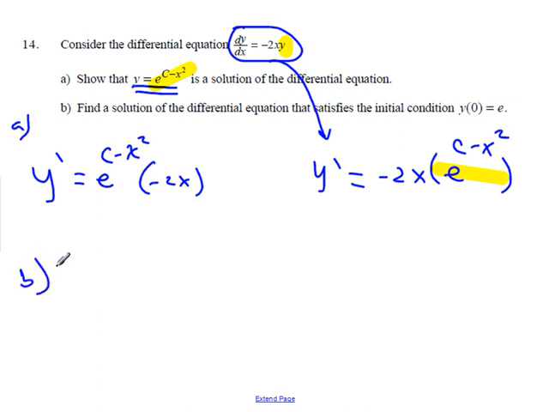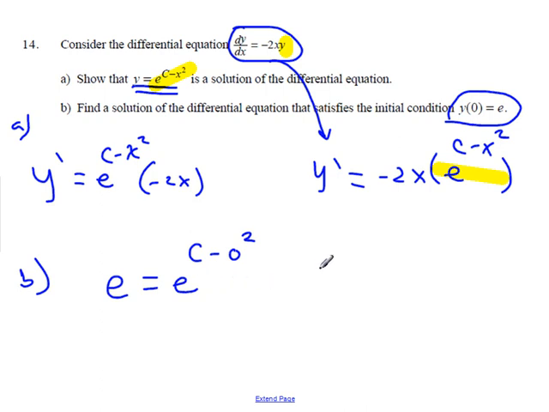In B, we want to find C. We want to find a solution. So find C that satisfies this initial condition. So that initial condition says that when x equals 0, y equals e. So we can say e equals e to the c minus 0 squared.